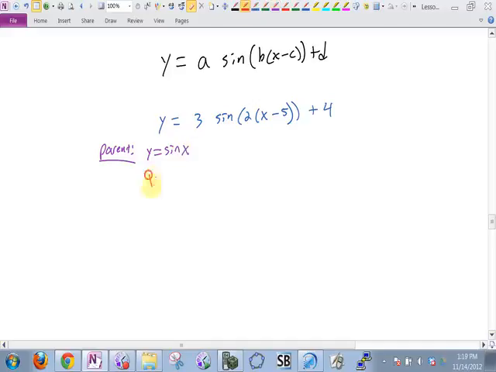So we want to vertically stretch it by 3. Great. Which, by the way, is going to change the what of the sine graph? Amplitude. The amplitude is now going to be 3.